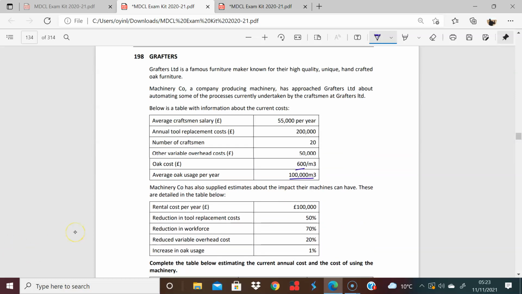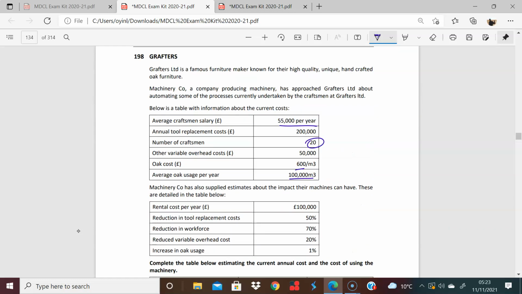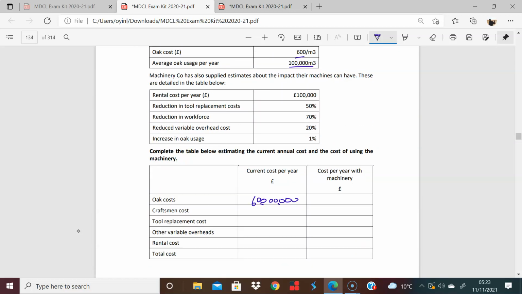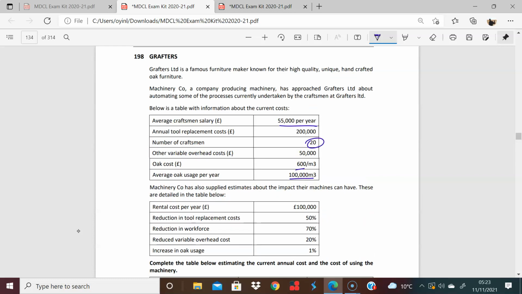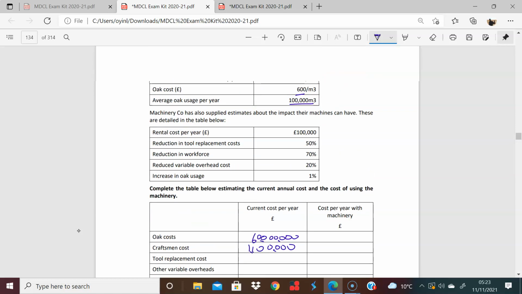Your craftsmen, you're paying each of them 55,000 a year, and you have 20 craftsmen. So in effect, 2 times 55 is 110, and then four zeros: 1, 2, 3, 4. So that's 1.1 million.